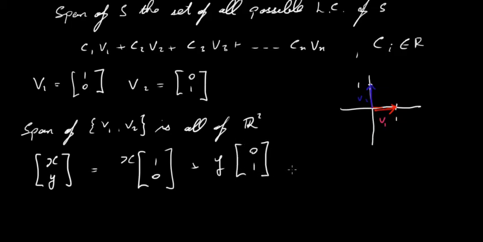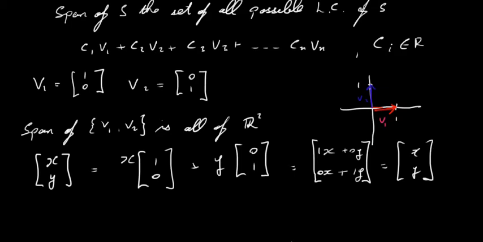So you can see here what you get is x times 1, which is 1 times x, plus y times 0, and then we get x times 0, 0x, plus 1 times y. So that's just simply vector (x, y). So any vector (x, y) can be expressed as a linear combination of these two.